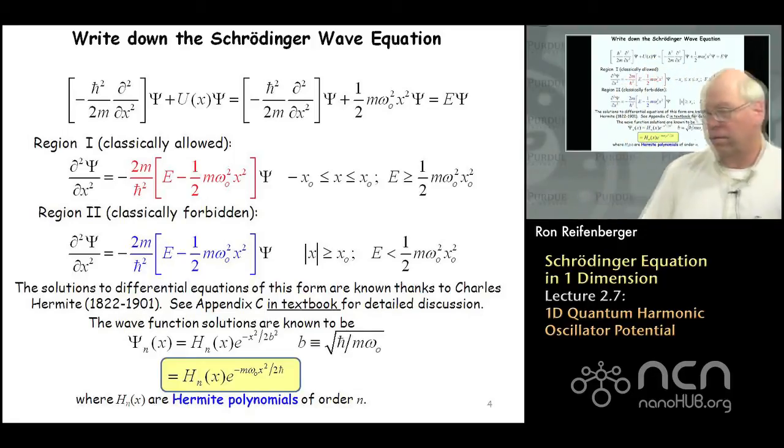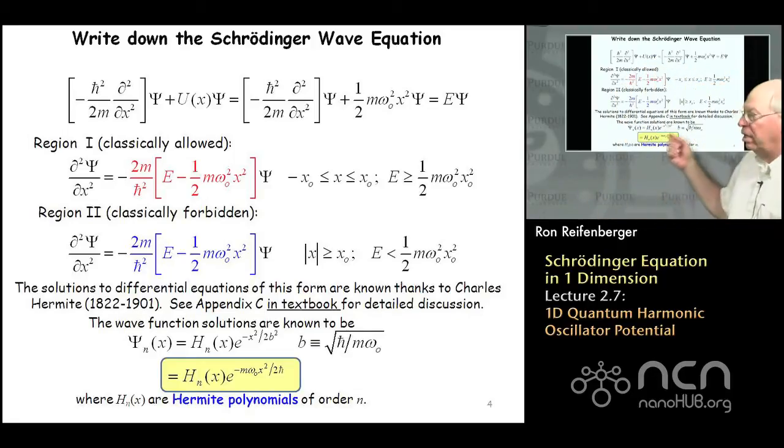So to make a long story very short, the known solutions of a differential equation that has this form involve an exponential, which is quadratic in x. There's a constant b, and this constant b is related to constants that appear in Schrödinger's equation.